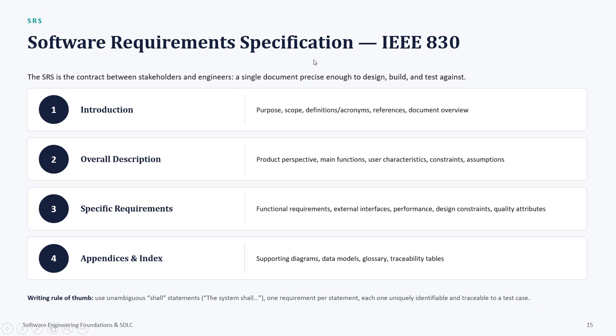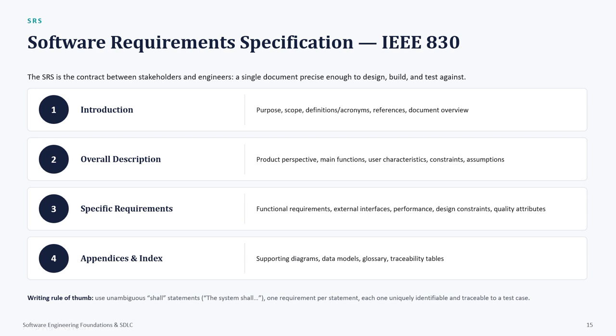Software requirements specification. IEEE 830. The SRS is the contract between stakeholders and engineers. A single document precise enough to design, build, and test against. First one introduction, second one is overall description, third one is specific requirements, and fourth one is appendices and index. Introduction is purpose, scope, definitions, acronyms, reference documents, overview.